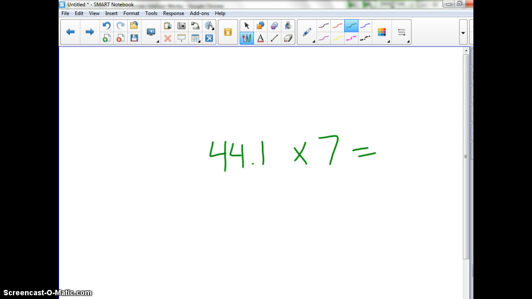Okay. If we have a single digit like this guy right here, we don't need to do anything with him. We really don't. We can leave him alone. So we can leave this guy alone, but what would we change the 44.1 to? America? Okay, 40. That's it. 40 times 7 is what, America? 280 is correct. It's a single digit that doesn't have a decimal, so we can just leave it alone. We can simply leave it alone.